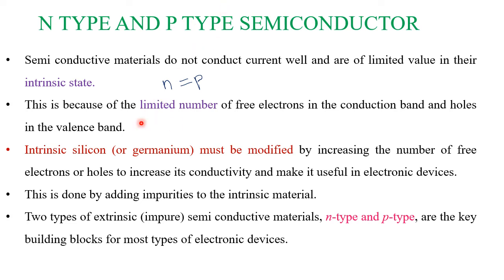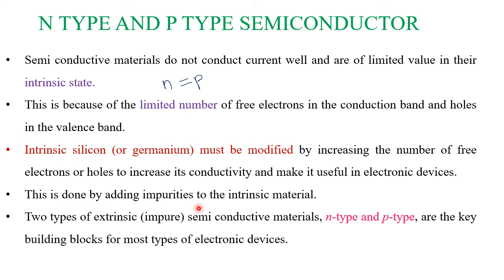That is why the conductivity is a little lower compared to extrinsic semiconductor. So we have to modify this intrinsic silicon or germanium to increase the conductivity. That is done by increasing the number of free electrons or holes.